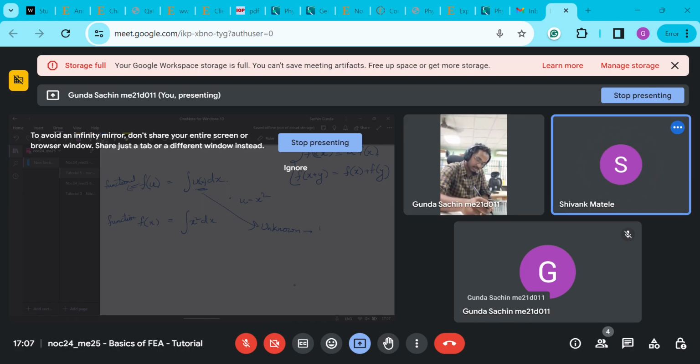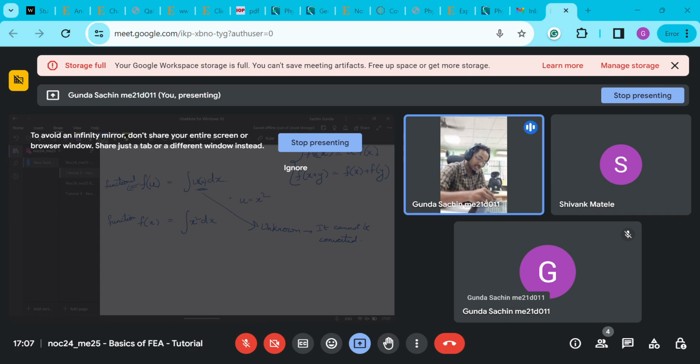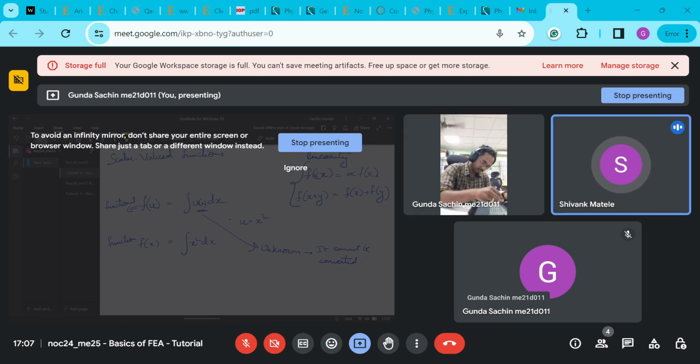We want to find the function itself. So we cannot go in these cases. It cannot be converted to a function, right? So in that case, we just deal with keeping it as a functional only. We'll just deal with it.